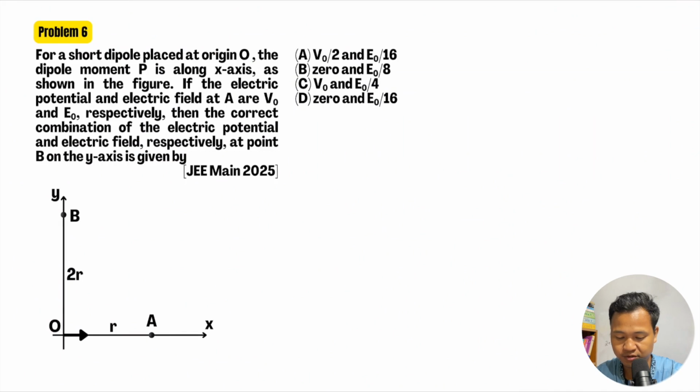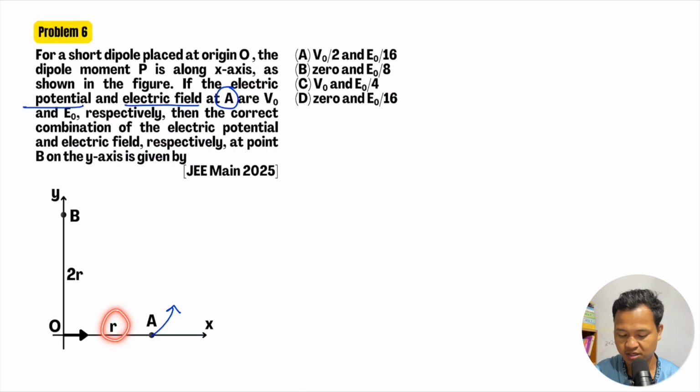Now the actual question. You are given a short dipole placed at the origin, and the dipole moment P is along the x-axis. The electric potential and field at A are V0 and E0, where point A is at a distance R from the dipole.